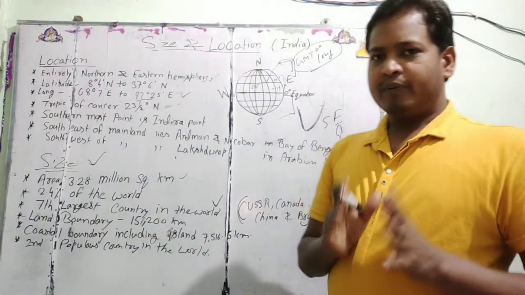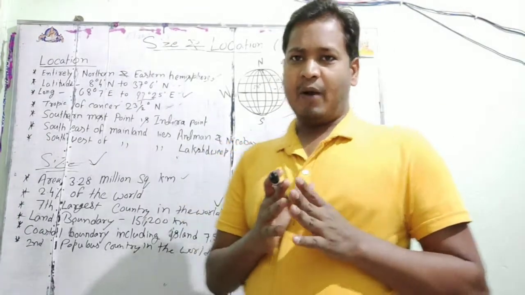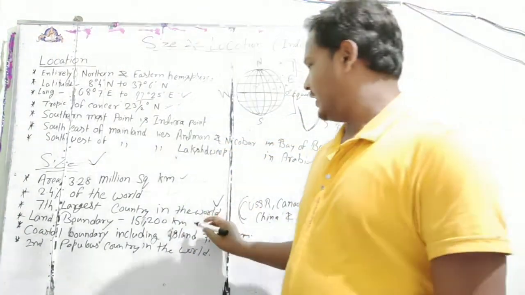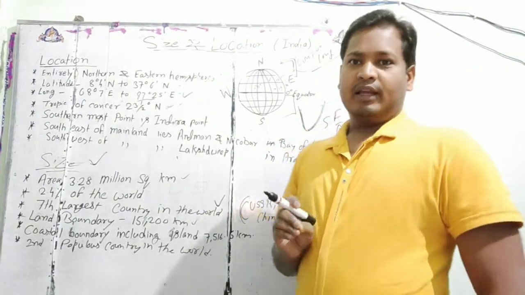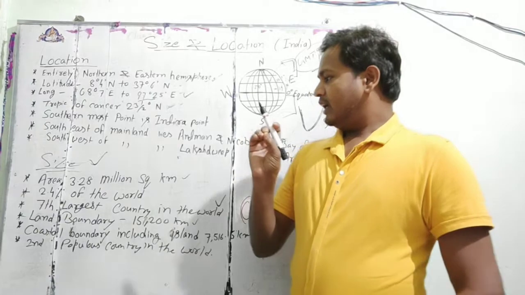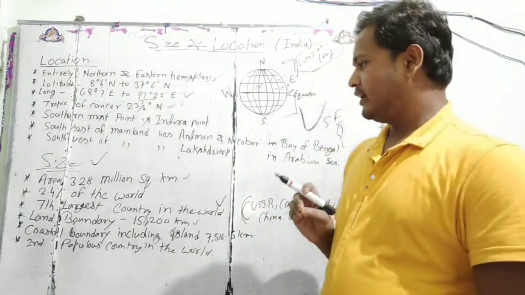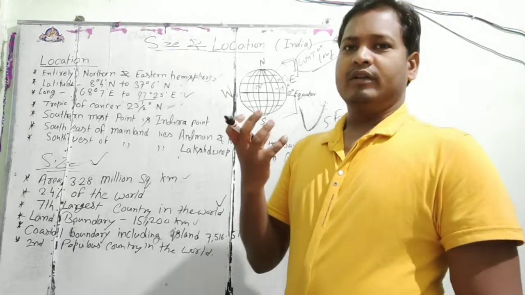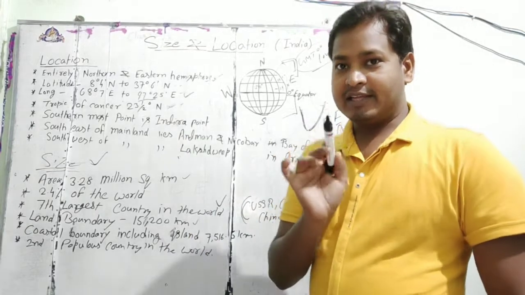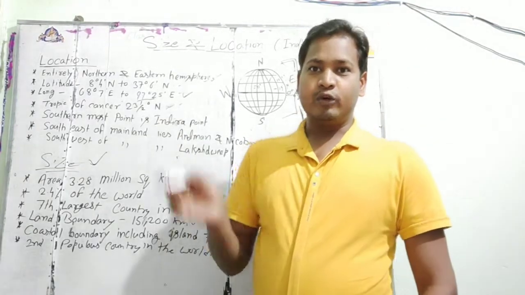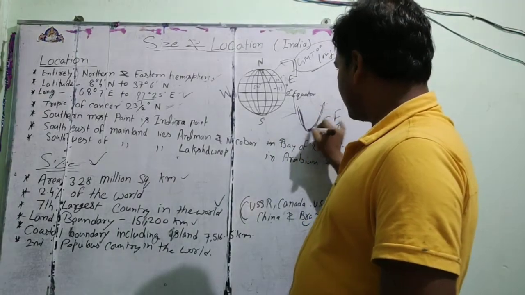The length of land boundary of India is about 15,200 kilometers. Again listen, the length of the land boundary of India is 15,200 kilometers, and the length of the coastal boundary including islands. Again listen carefully, I said including islands. I am not talking only about the peninsular part of India.